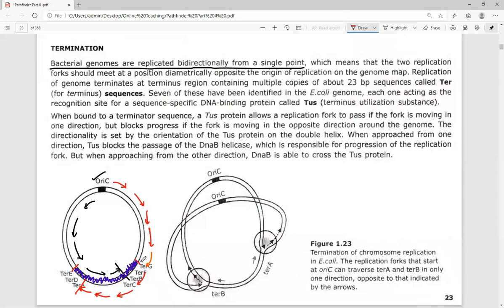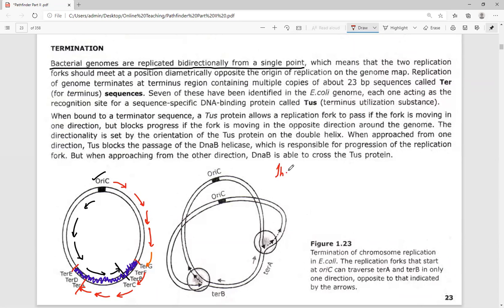Ter sequences allow the replication fork to pass in one direction, but the other ter sequences, which are present in the opposite orientation, will prevent the movement of the replication fork. The orientation of the ter sequence ensures that the process of termination takes place only in between the two ter sequences.